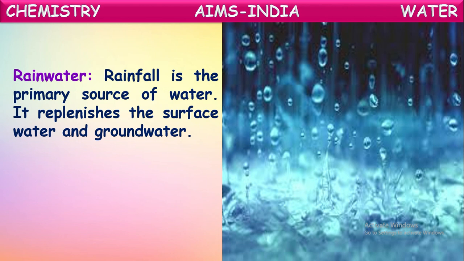So this rainwater replenishes the surface water like lakes and rivers, which will be filled with the rainwater, and even the groundwater also. Because when it rains, some water will sink into the soil and it replenishes the groundwater. Okay. So we are getting these rains seasonally. About the rain and water cycle, we are going to learn in the next session.